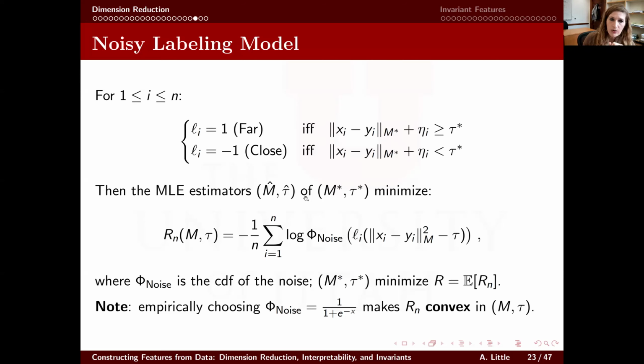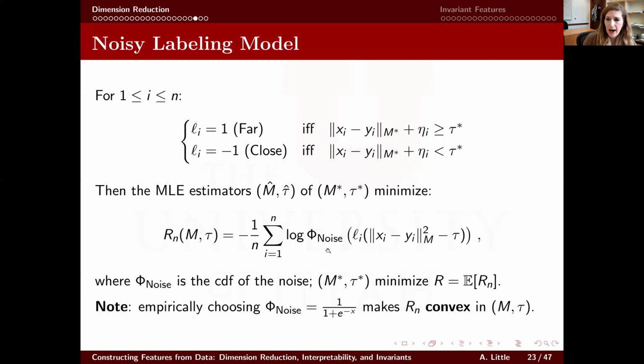So it turns out you can actually write down what the maximum likelihood estimators of these parameters would be, and they minimize the following empirical loss function, where you do have a dependence on the noise distribution. Phi noise is the CDF of the noise. In practice, you're probably not going to know that.